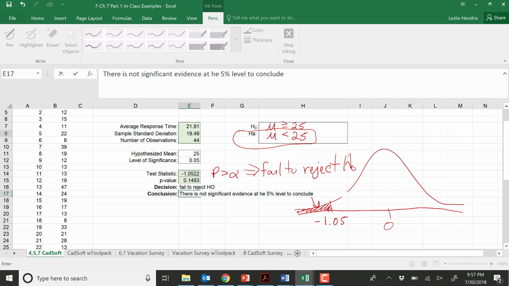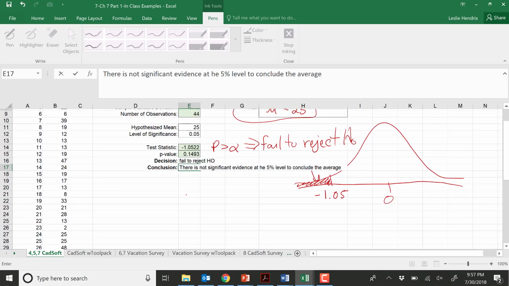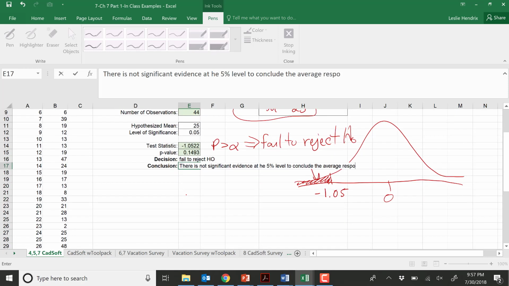And what's the alternative? To conclude the average, what is it, response time or call time? Response time is reduced to less than 25 minutes.